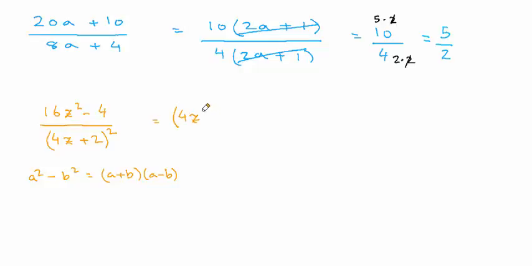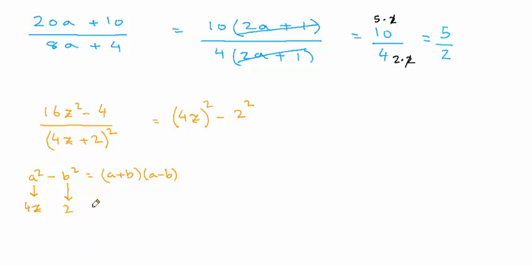So we have the square of 4z, which gives you 16z squared, minus this 4, which is the square of 2. So this is in the form a squared minus b squared, where a is 4z and b is 2.